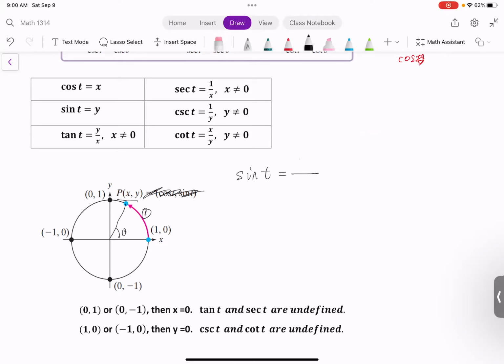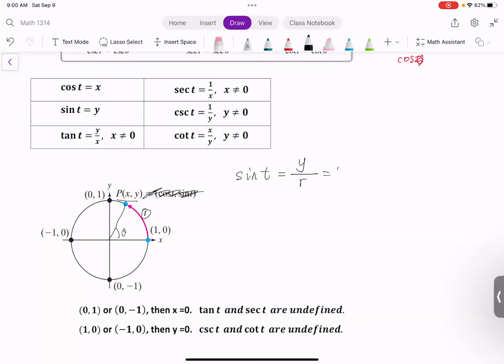Sine T equals y over r. What is r? r is 1. That means I get y. And how about cosine T? Cosine T is x over r. r is still 1. So I have x. That means my x is cosine T, my y is sine T.